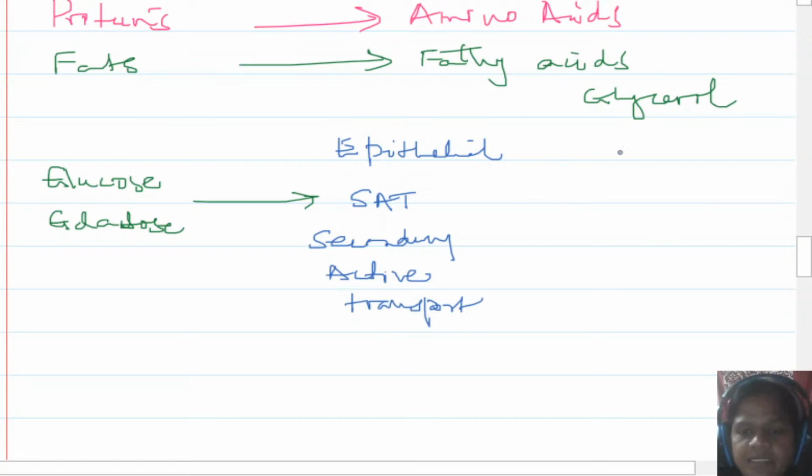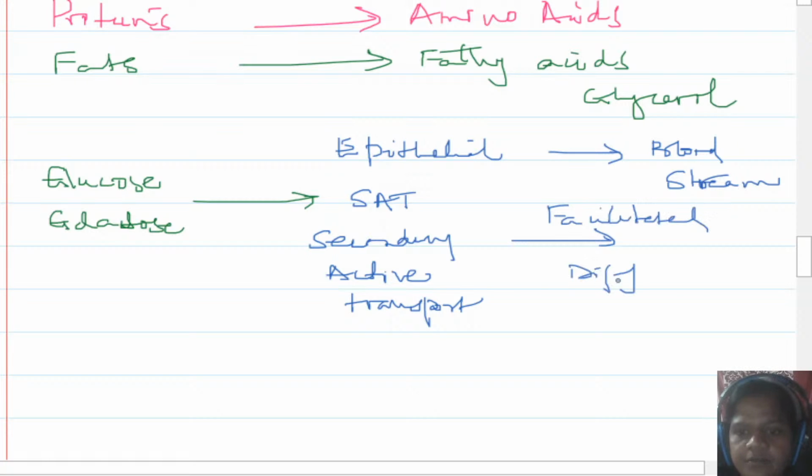Now from the epithelial cells, they need to get into the bloodstream, right? The vessels. That happens through facilitated diffusion. That is glucose and galactose.